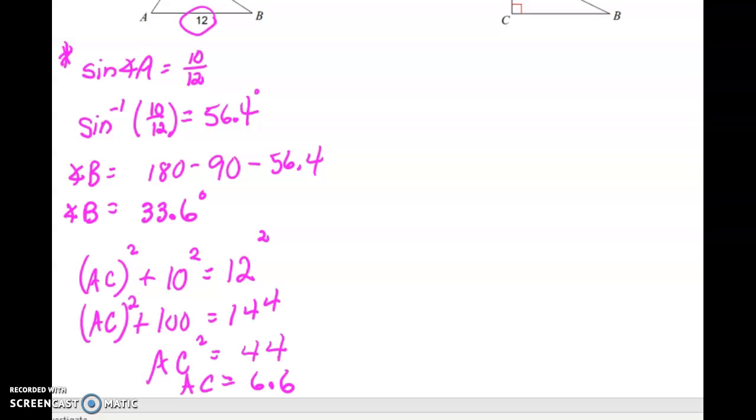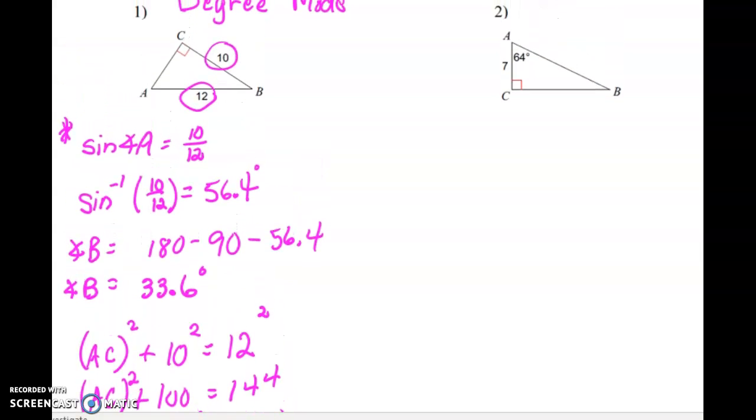AC squared plus 100 equals 144. AC squared equals 44. Take the square root, and AC equals 6.6. And that is called solving the triangle. We found the two missing angles and the one missing side.